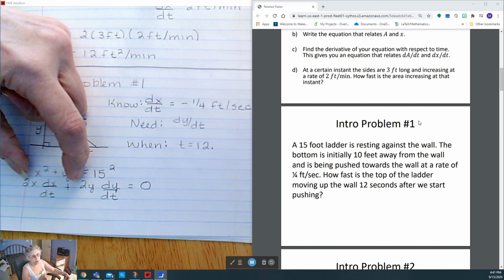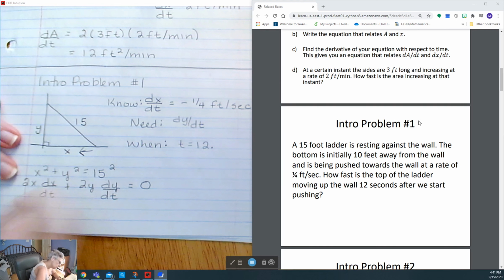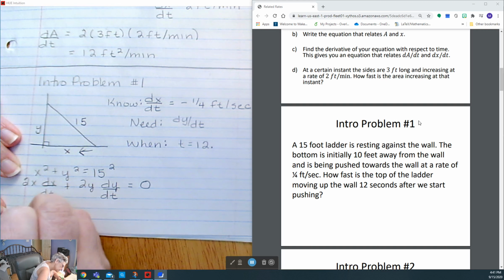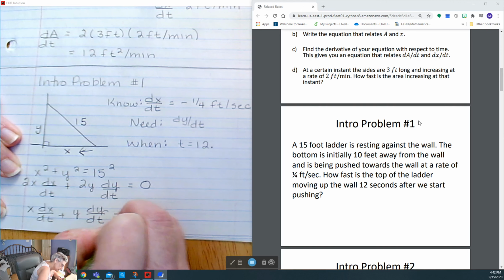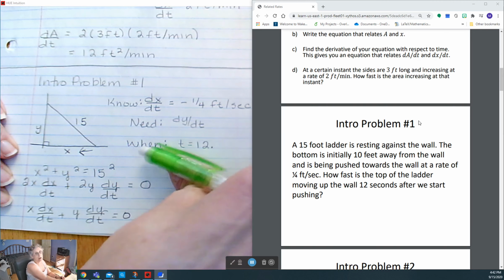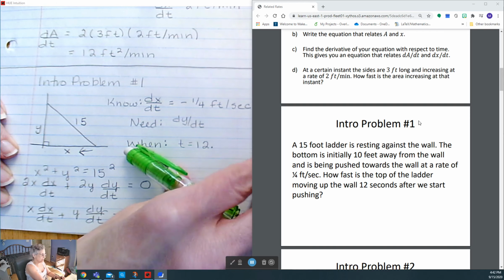Everything there has a 2 in it. We could divide by 2 and just have x dx/dt plus y dy/dt equals 0. And I'm going to copy that over to the next page.